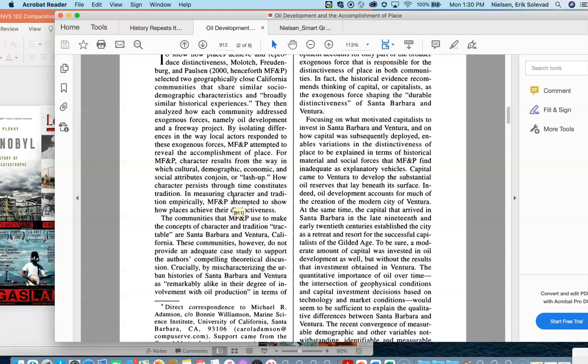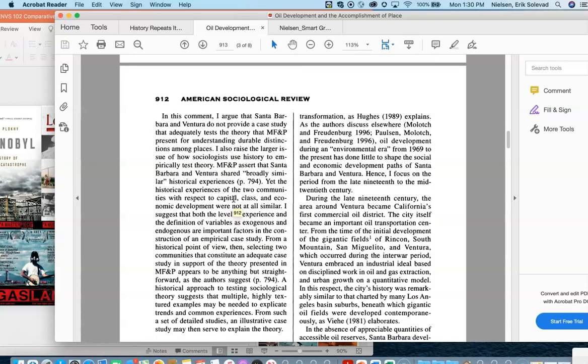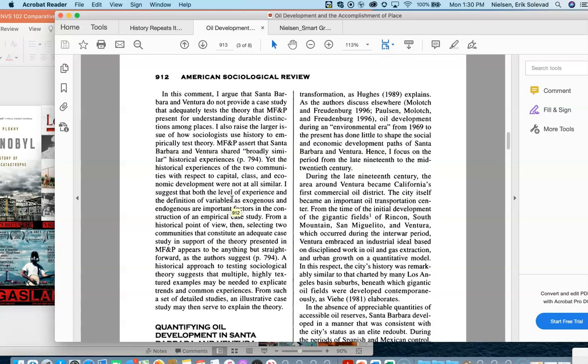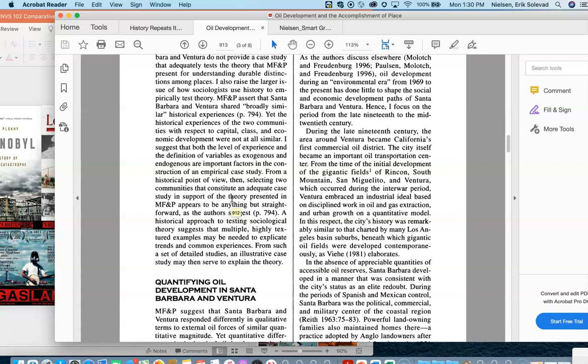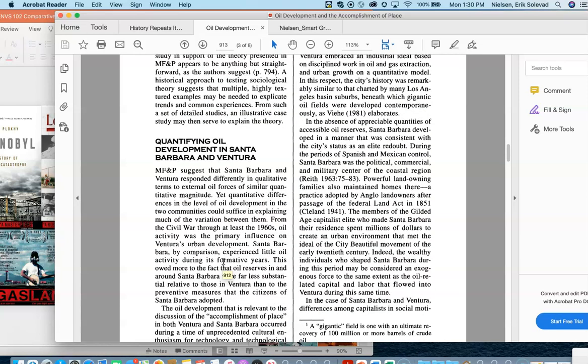I'm not going to go into this in great detail because I actually have not read it as closely, but I'm going to upload it as well, because he's critical of this analysis, and he says that Santa Barbara and Ventura are actually different in a lot of ways, and they don't make good comparisons.